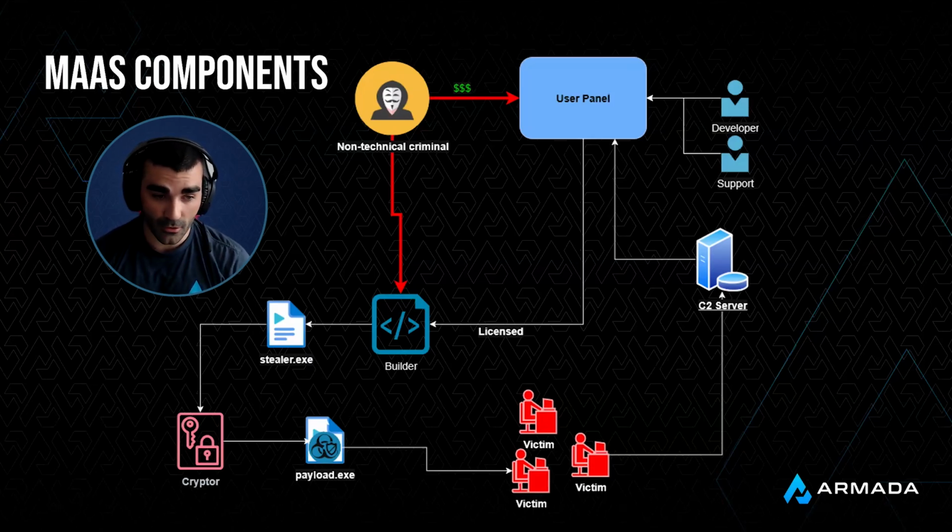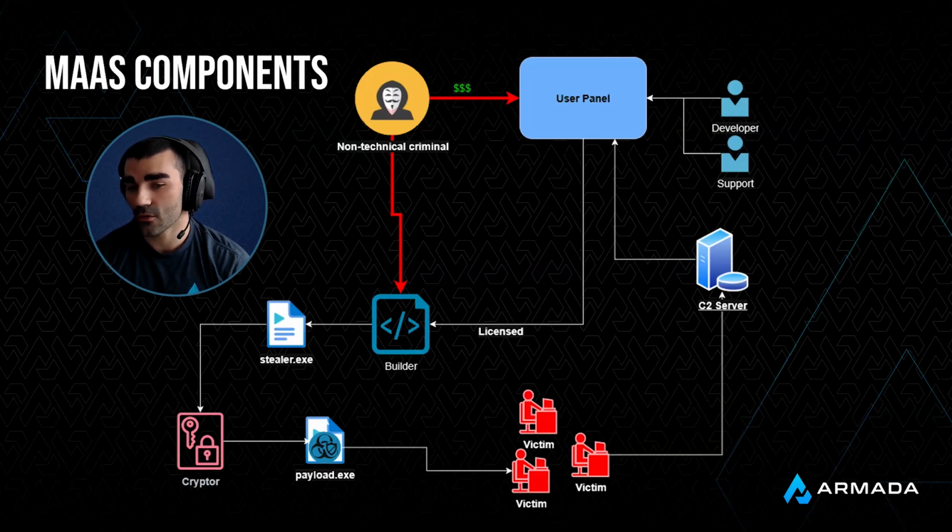And then typically they're going to take these and throw them into a cryptor program, and that's going to apply some sort of obfuscation and evasion techniques that get the stealer malware to actually execute on different endpoints. Or a lot of times it'll pack it into a long infection chain, basically doing the hard work for them. And then they can distribute that to their victims.